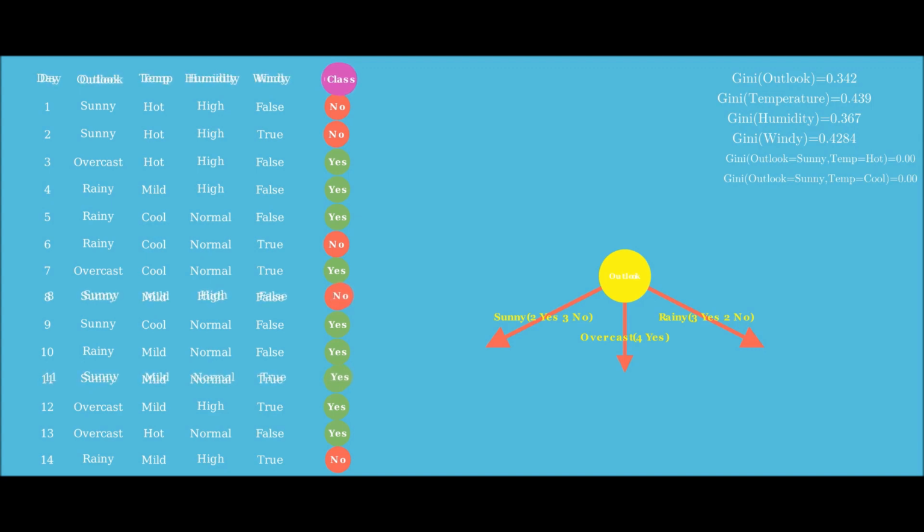Now for outlook value sunny, temperature value mild, Gini index would be calculated.